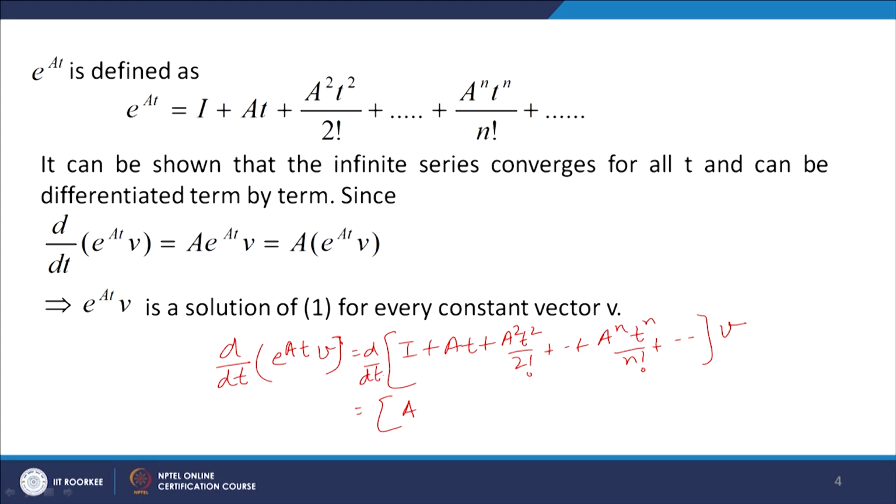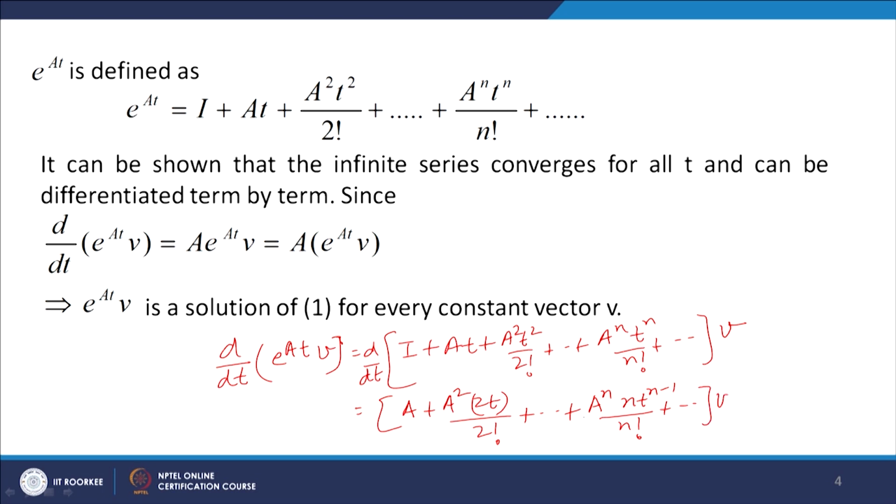When we differentiate this with respect to t, we get A plus A squared into 2t by 2 factorial and so on, A to the power n into n t to the power n minus 1 by n factorial and so on, b.